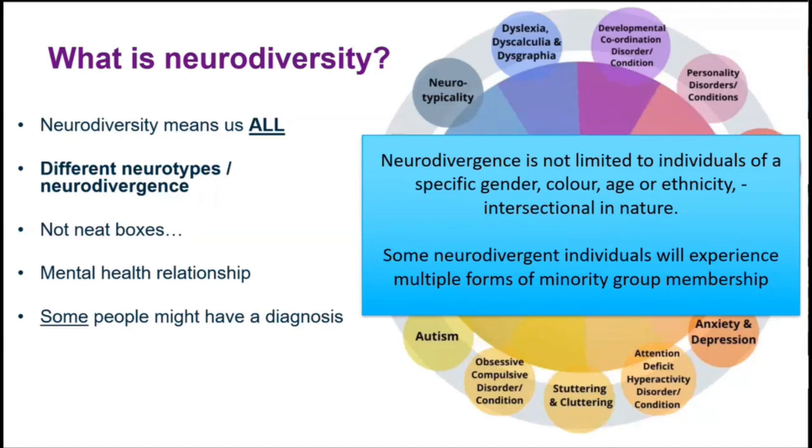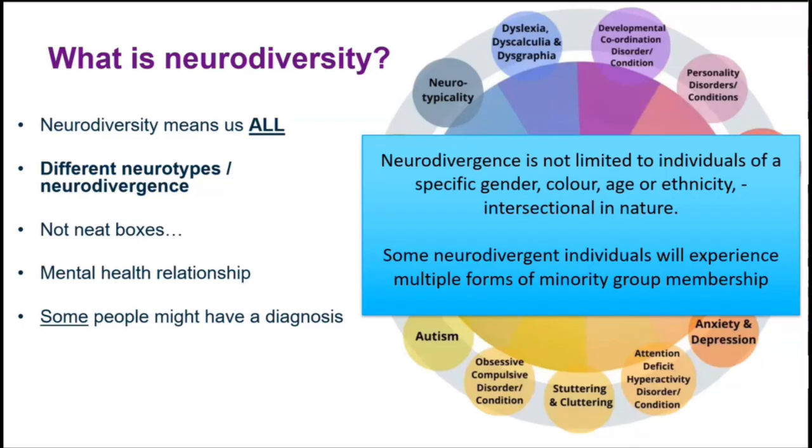It's really important to remember that neurodivergence isn't limited or specific to a particular gender, particular ethnicity. We see huge intersectionalities between these issues. Individuals might have multiple forms of intersectional membership of minority groups, for example, being part of an ethnic minority group, as well as having a lived experience of neurodivergence.